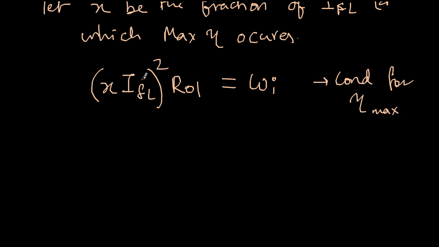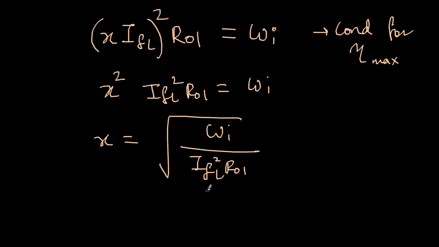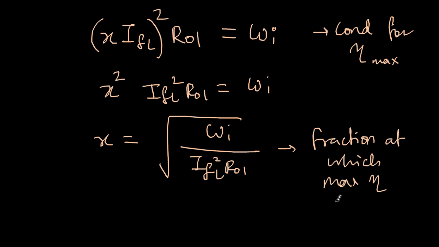So if I want to find the value of x, you see x square into I full load square R01 equals Wi, and then x equals the square root of Wi by I full load square R01. So this is the fraction at which maximum efficiency occurs.